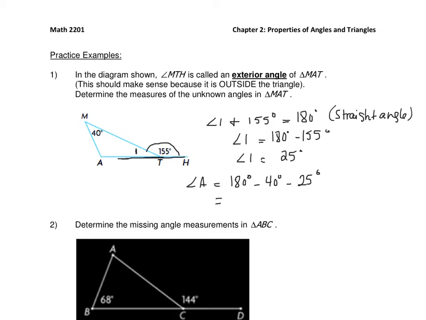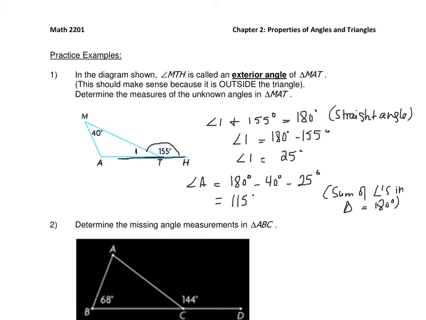So 180 take off the 40, take off the 25, should result in 115 degrees. That's because the sum of angles in a triangle is 180 degrees.